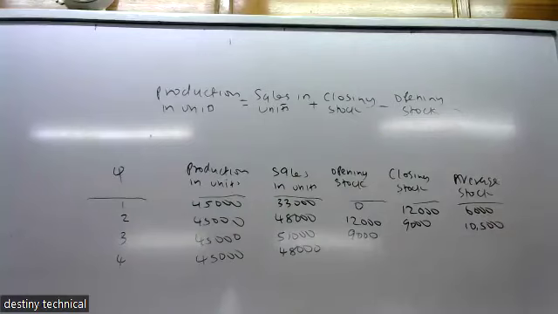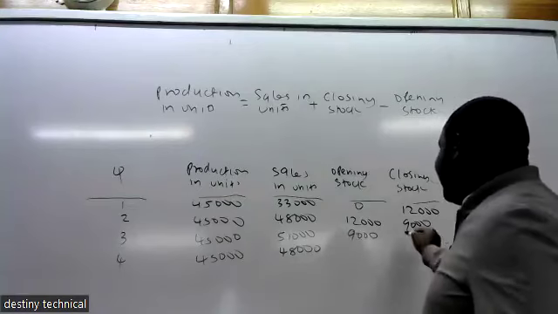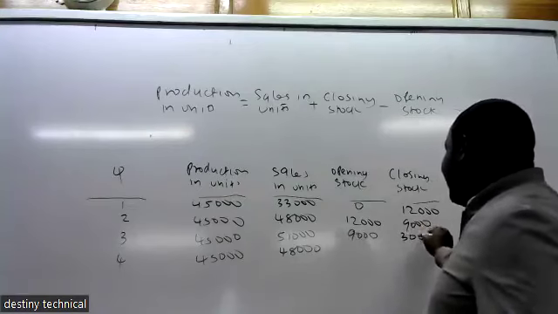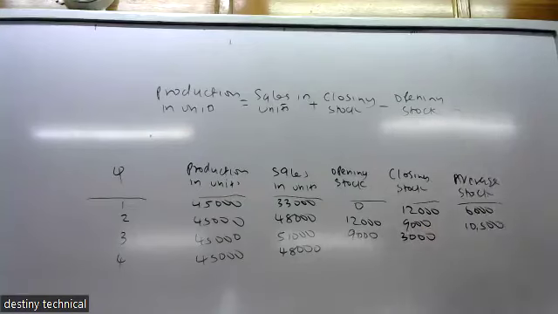So what should be the closing for quarter 3? And the average should be which figure? 6,000.